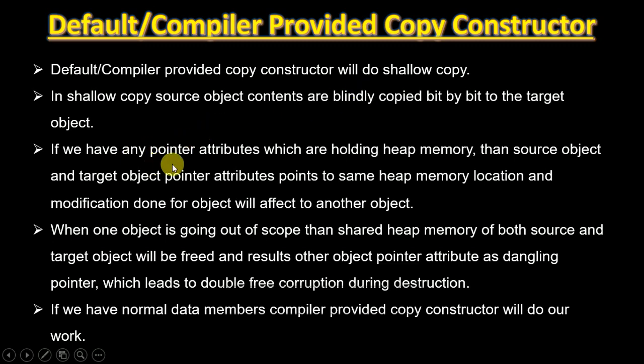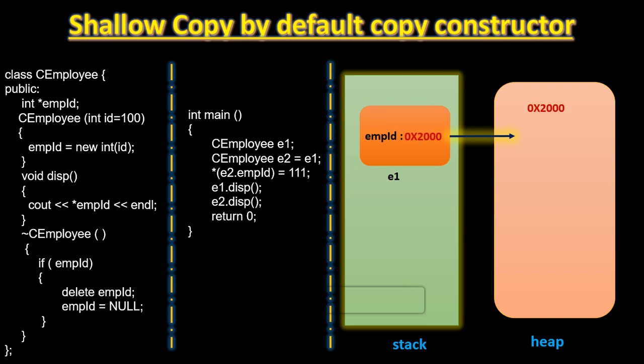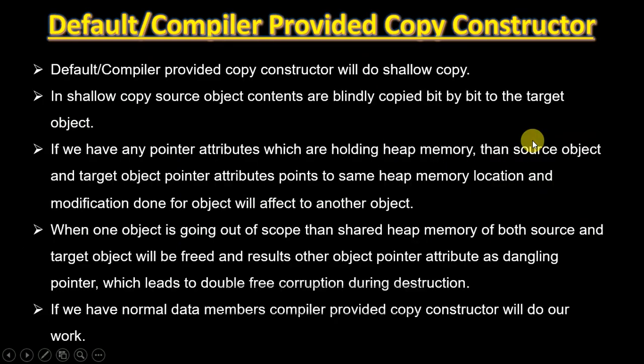If we have any pointer attributes which are holding heap memory, so we have an object which is holding heap memory. This object has a pointer attribute which is holding the heap memory. Then the source object and target object pointer attributes point to the same heap memory location, and modification done for one object will affect the other object.